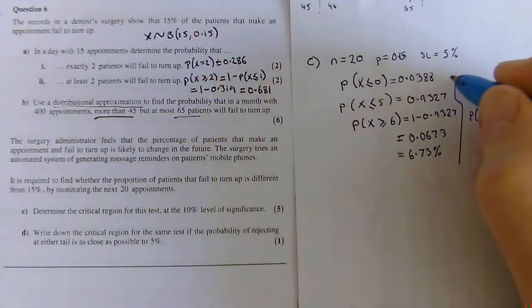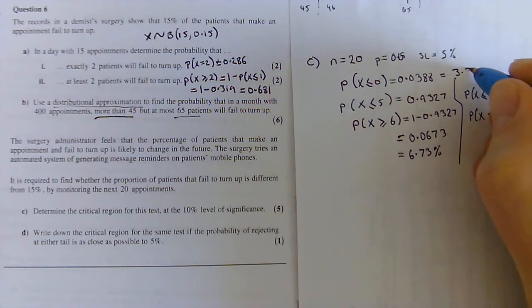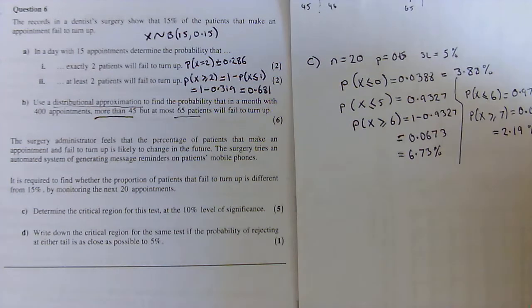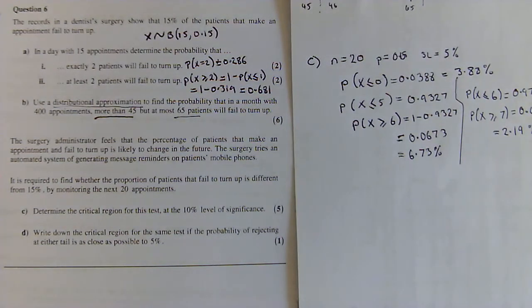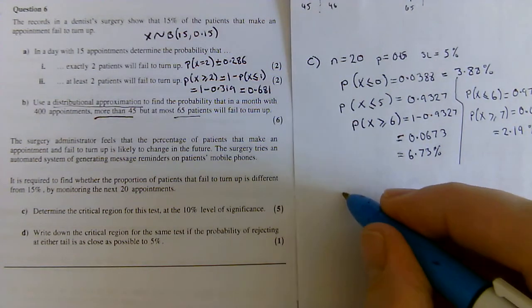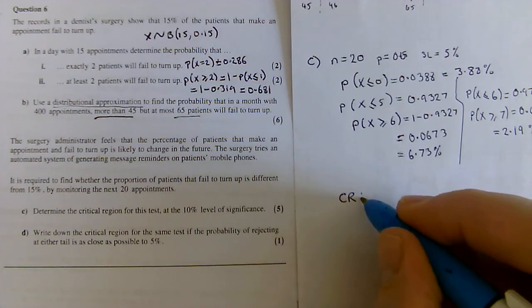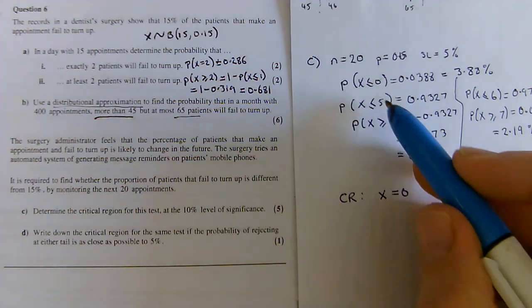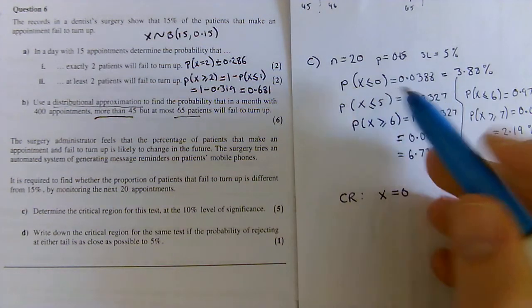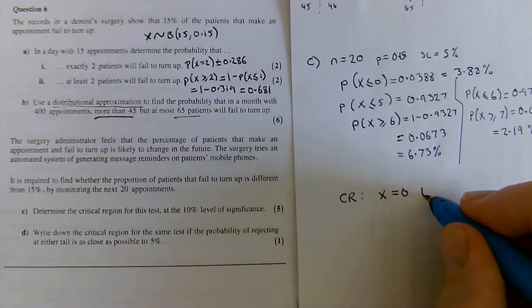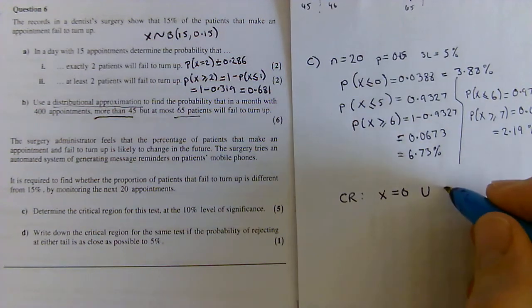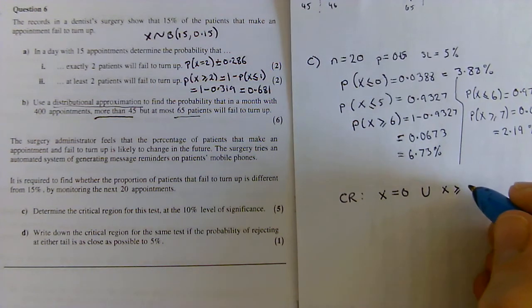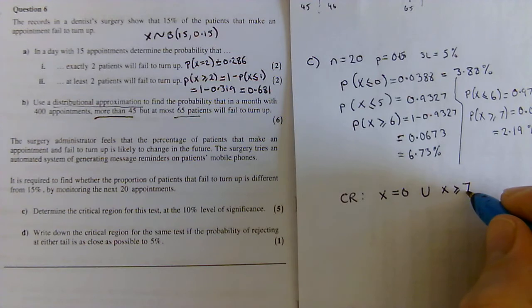So I've got 3.88% on my left-hand side, 2.19% on my right-hand side. So my critical region is that x equals 0, because that's the only way that x can be less than or equal to 0, it can't be negative, or x is greater than or equal to 7.